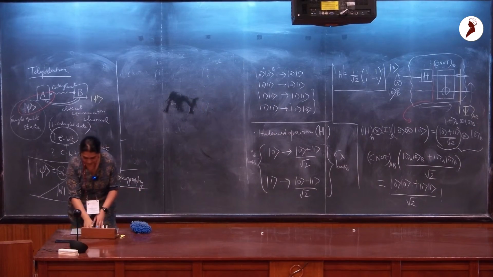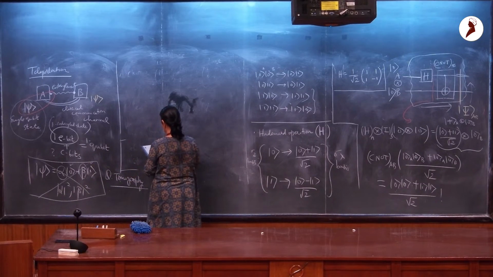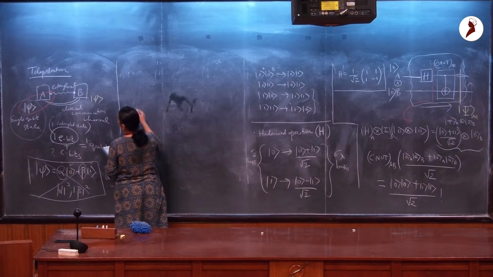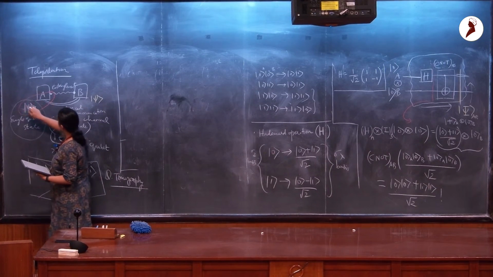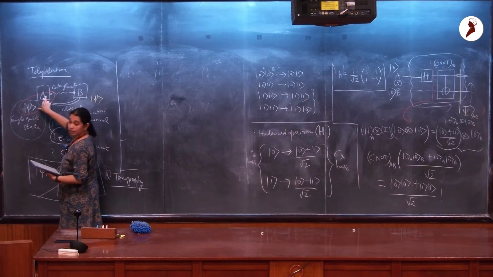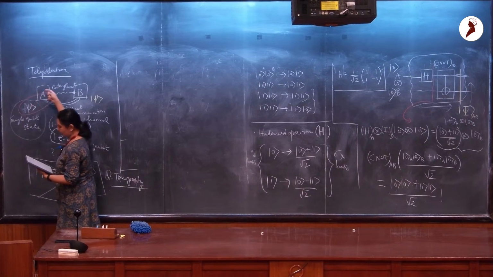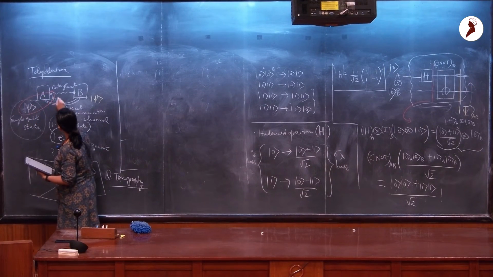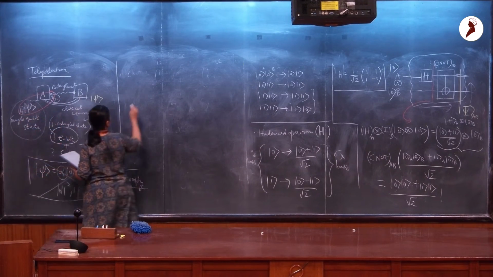Let me make sure I don't make a mistake in drawing this picture. I'm now going to divide up A's system because A is dealing with 2 qubits in her own lab. I'm going to call this A2 and this unknown state A1.